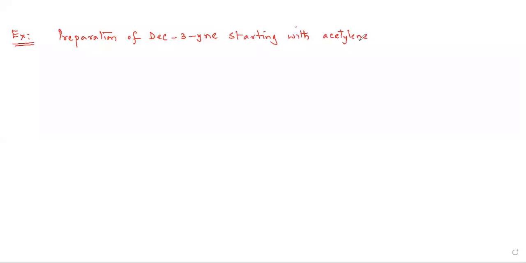Very interesting. Now, first of all, what is this dec-3-yne? The triple bond is after the third carbon: 4 plus 5, 9, then 1 more carbon. So the triple bond is after the third carbon.